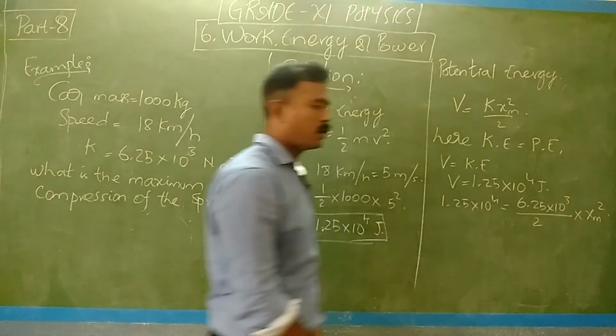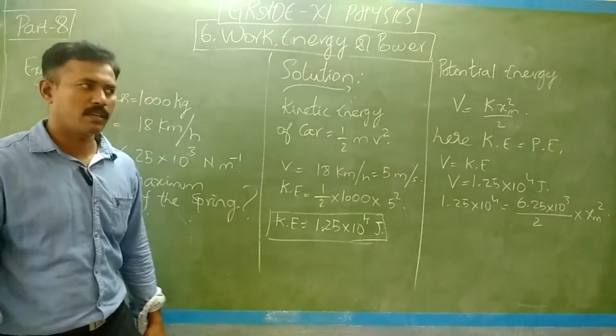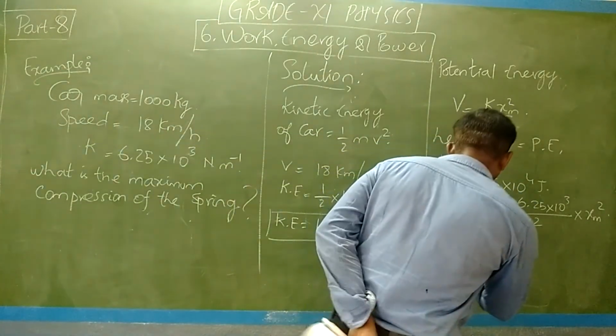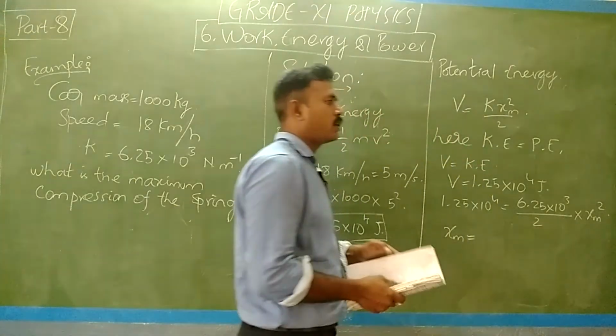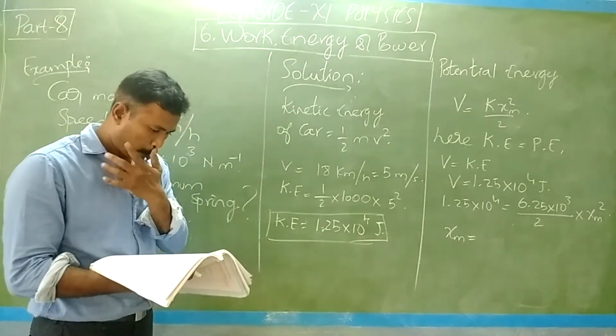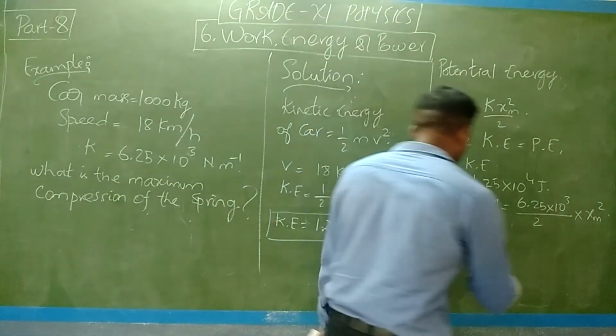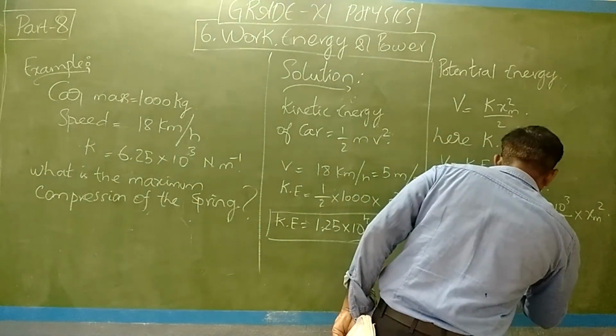I want to find the value of xm. The final value of xm is 2.2 meters. Exactly, it is 2 meters.